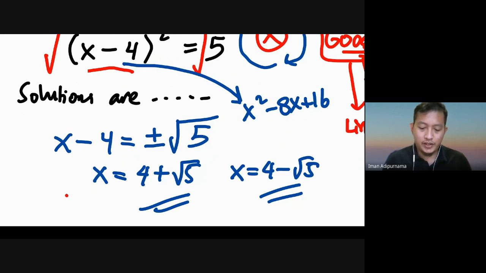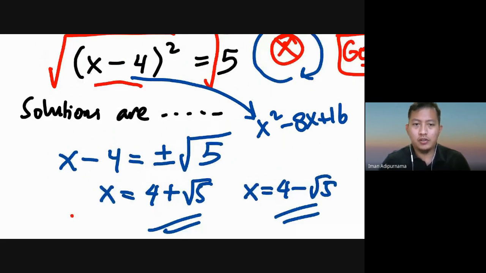Do you find the steps easier than the ABC formula or not? You are not really calculating anything here. You're just taking the square root of both sides, and then putting 4 on the other side, and you get 4 plus square root of 5 and 4 minus square root of 5.